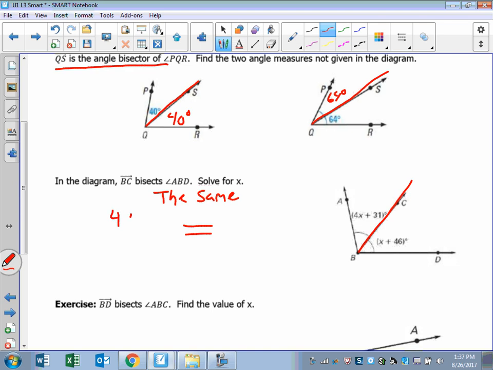We have 4x plus 31, and we have x plus 46, and then we can solve for x. Subtract x on both sides, subtract 31 on both sides, you should end up with x is equal to 5.